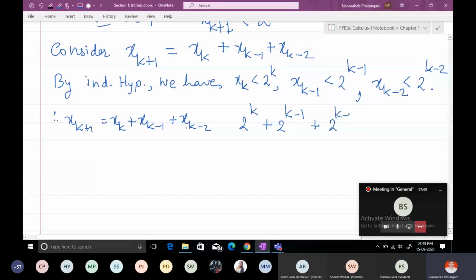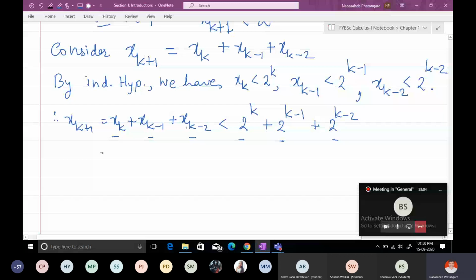Therefore this quantity is bigger than this: the first term is bigger than the first term here, the second term is bigger than the second term here, and the third term is bigger than the third term here. So if I add bigger amounts, then certainly the total sum will be bigger, because the left hand side is a smaller amount. Fine.